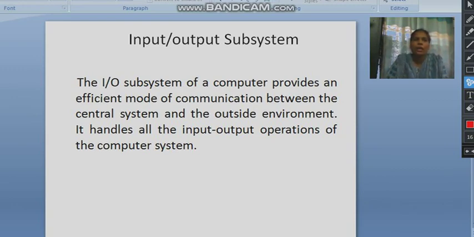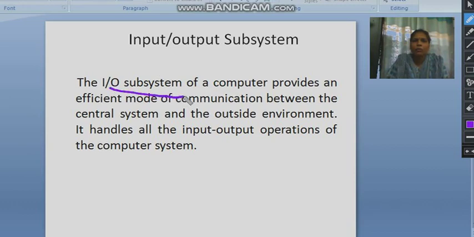One of the most important components is the input output subsystem, and we know why it is called a subsystem, because it supports taking input and output from the external world to the central processing unit. So, the input output subsystem.